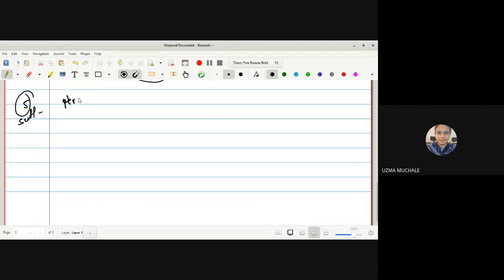Perform 5 iterations of the bisection method and obtain the smallest positive root.